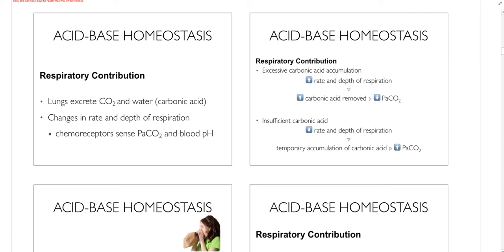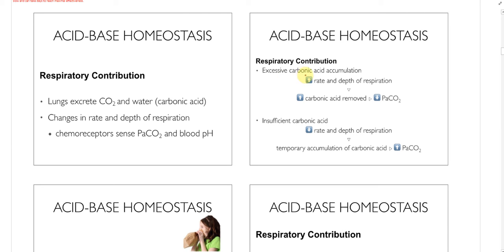When they detect a high level of CO2 or a low pH, an acidic pH, then it's going to signal the medulla. I'm really hoping I'm not getting my brain parts mixed up. To tell the lungs to breathe deeper and faster so that we can breathe off CO2 and make our blood less acidic.